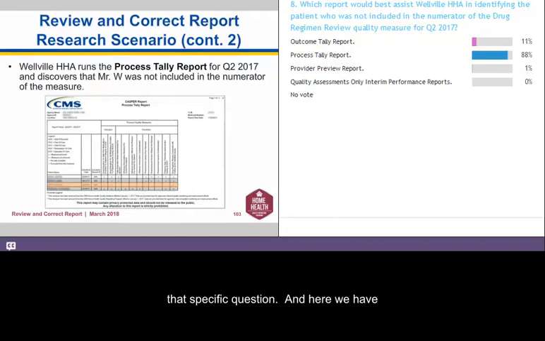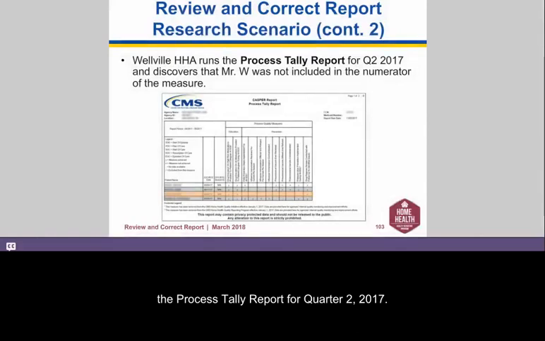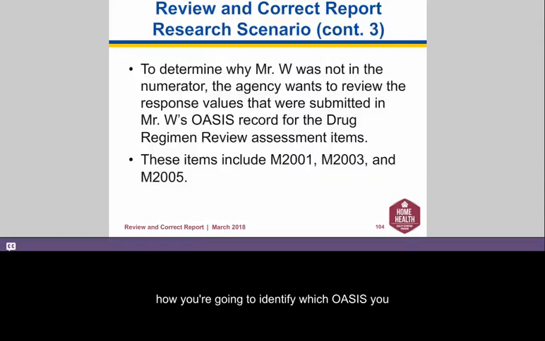And here we have another scenario. The Wellville Agency runs the process tally report for Q2 2017. They have discovered that their patient, Mr. W., was not included in the numerator of the measure because a tally report is patient-level data. And remember, that is how you're going to identify which OASIS you need to investigate to see if there is an error.